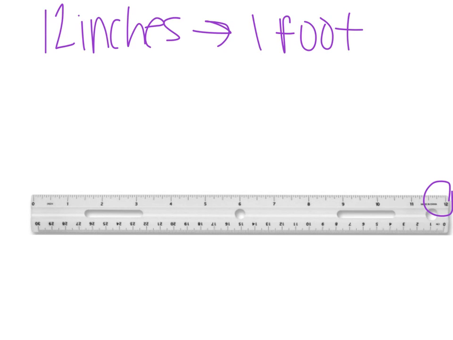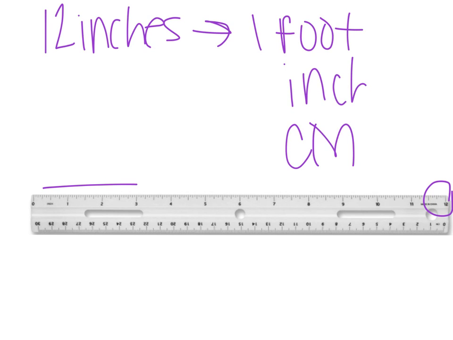So we have to remember that you need to check which side you're looking at, because if you're reading the centimeter side, your units are going to be centimeters or cms. If you're reading the inch side here, your units are going to be inches, unless you choose to take 12 inches and turn that into a foot. We talked about that in class, but that's just a reminder. So you need to remember that a ruler is 1 foot or 12 inches.